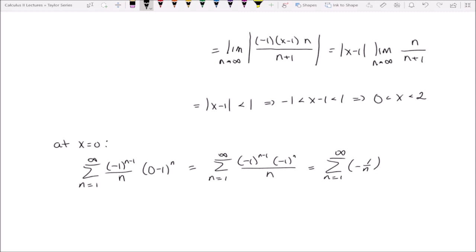Because this will be negative 1 to the 2n minus 1. Well, 2n minus 1 is always odd. So it's always going to be negative 1. Well, factor out that negative. Now, this series is harmonic, right? Which diverges.